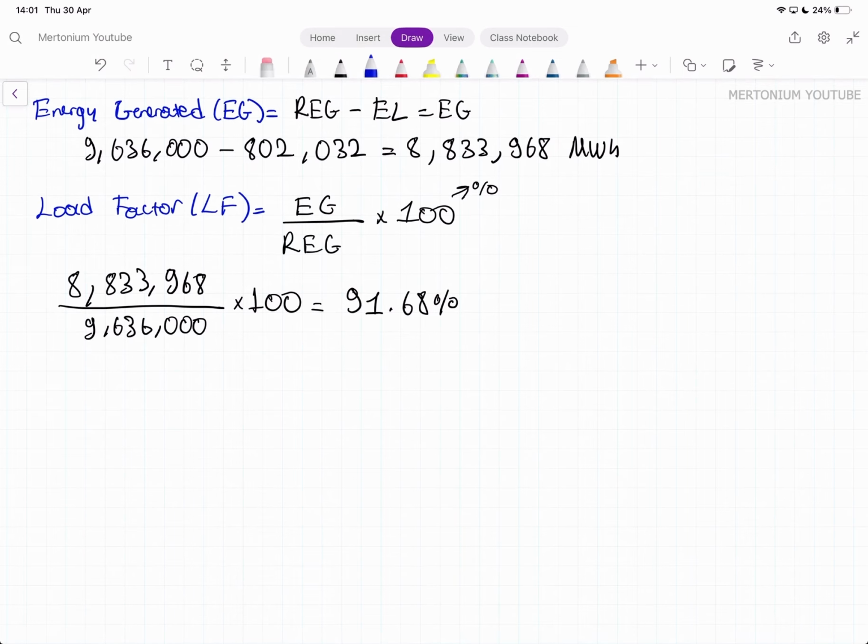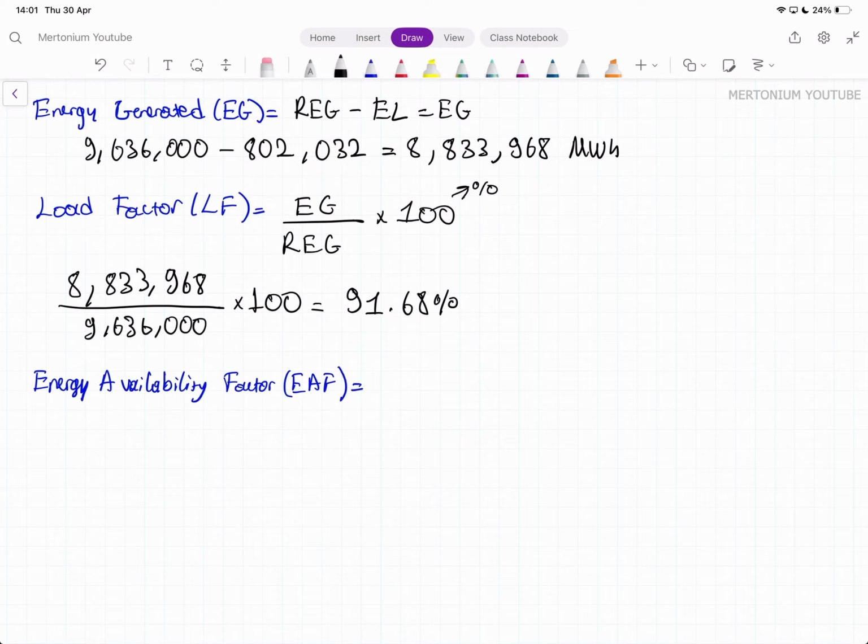Then we are going to calculate energy availability factor. And this tells us what the plant could have provided. What was the available energy? So energy availability factor, also EAF.